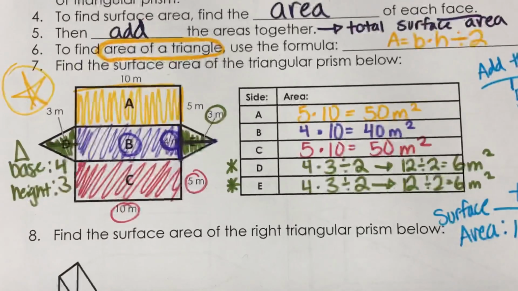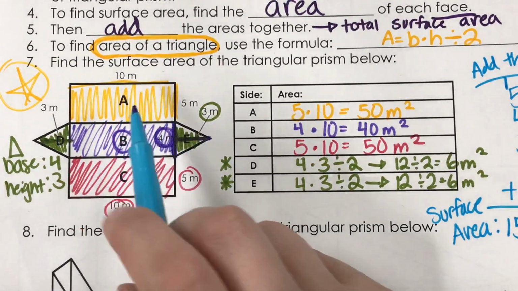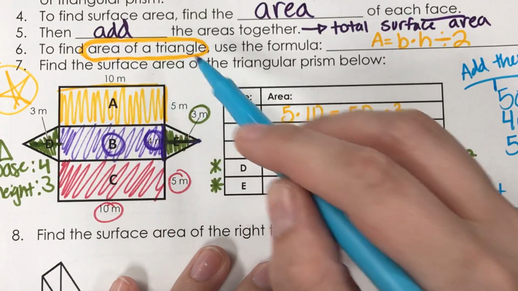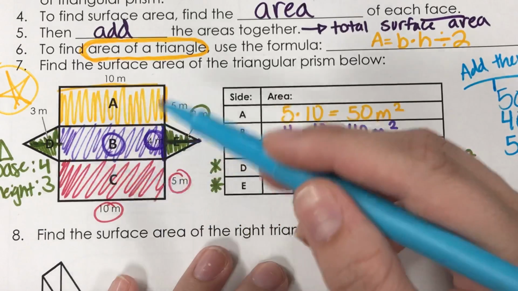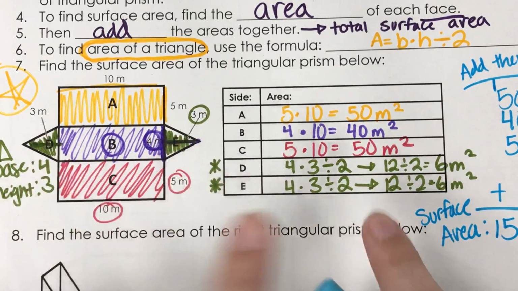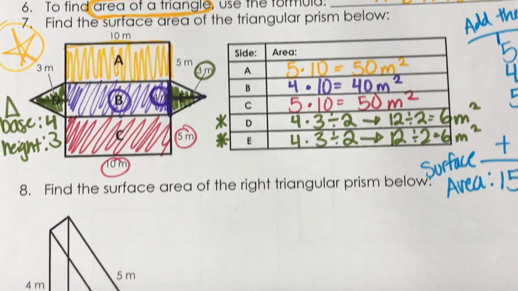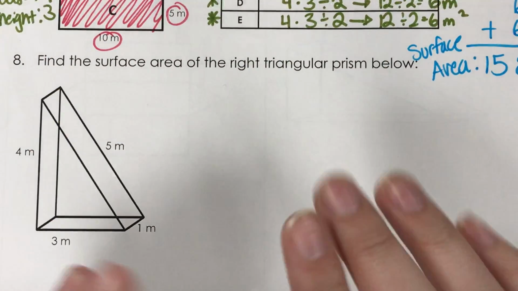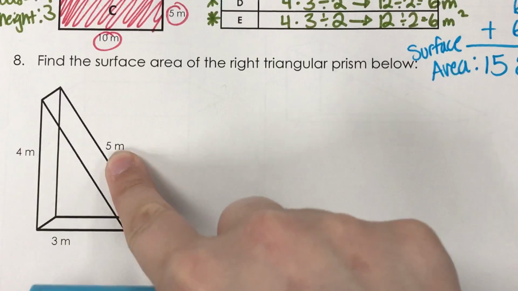Awesome. I particularly like when they give you the net and you find the area of each shape. The trick with this is now you got to find the area of a triangle. You can't just do base times height for all of these shapes. When you got your triangle pieces, you have to find the area of the triangle. All right, now moving on to a little trickier part. Unfortunately, there is no formula for this shape.